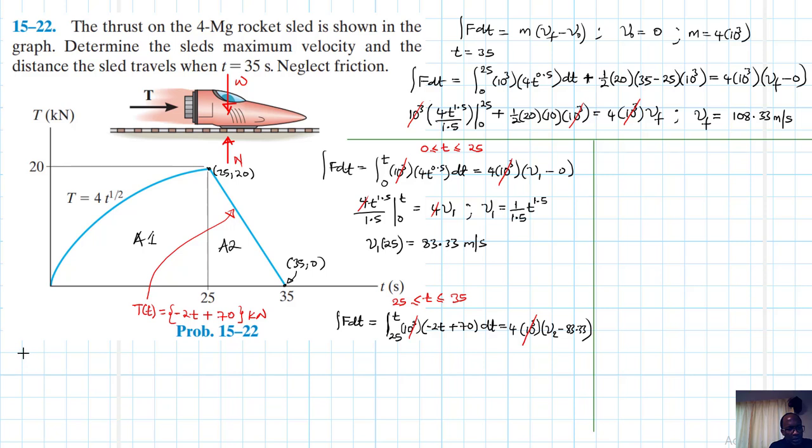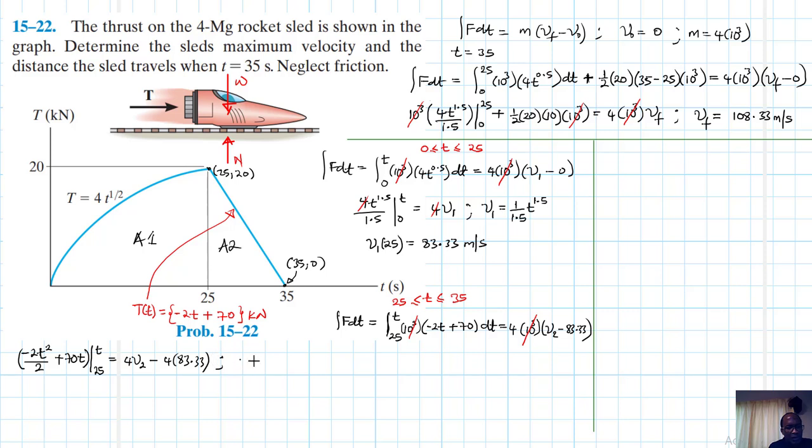So to rewrite this, we'll have minus 2t squared divided by 2 plus 70t. We are evaluating this from 25 to 35. These are the boundary conditions for t, and this is equal to 4v2 minus 4 times 83.33.